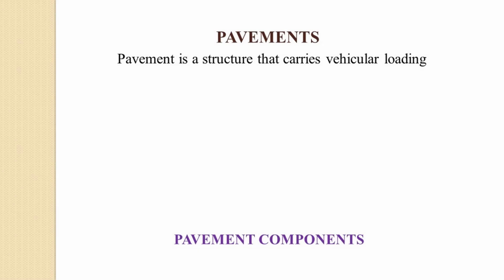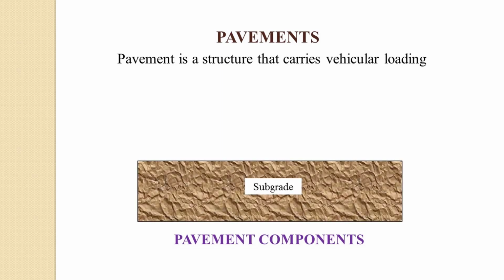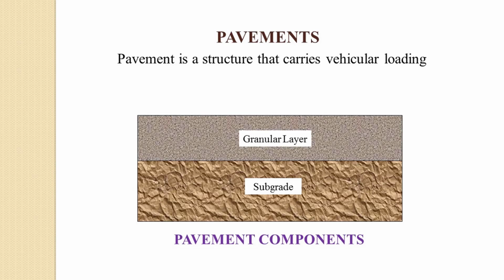So pavement is a structure. Generally we say it carries vehicular traffic. And what are the various components? There is a subgrade, the natural earth which is available along the alignment where you are going to construct the road of whatever type. Then you have got a granular layer. The granular layer consists of two components.